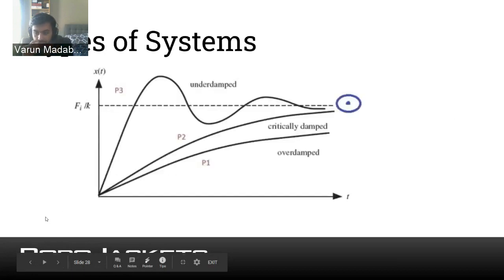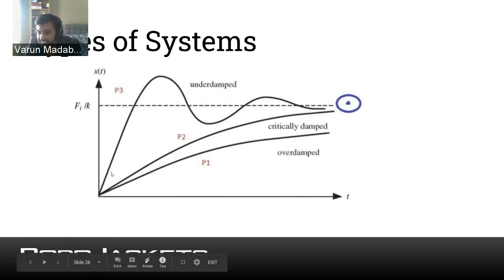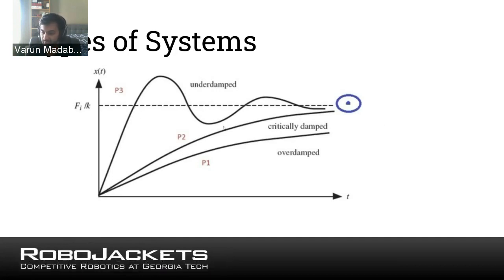So once you've implemented a control, you'll see that there are 3 types of responses that your system can have. If you give it a command, it'll either rise up to meet that goal, overshoot, and bounce back and forth, which is what we call an underdamped system. If it's critically damped, it'll rise up to meet the goal and reach it.